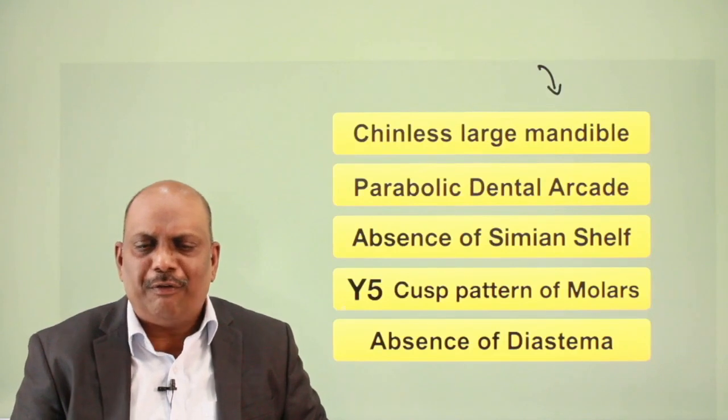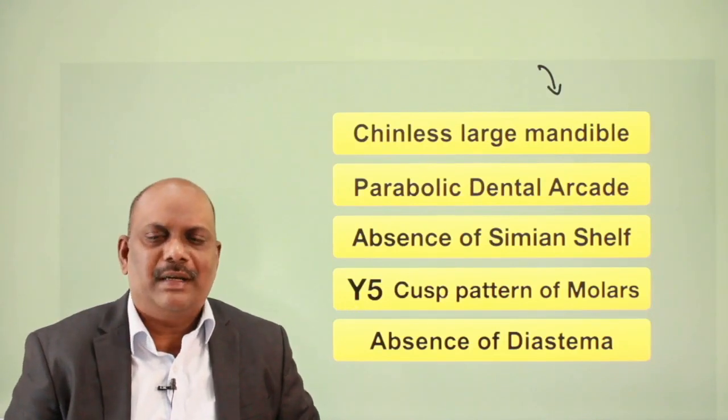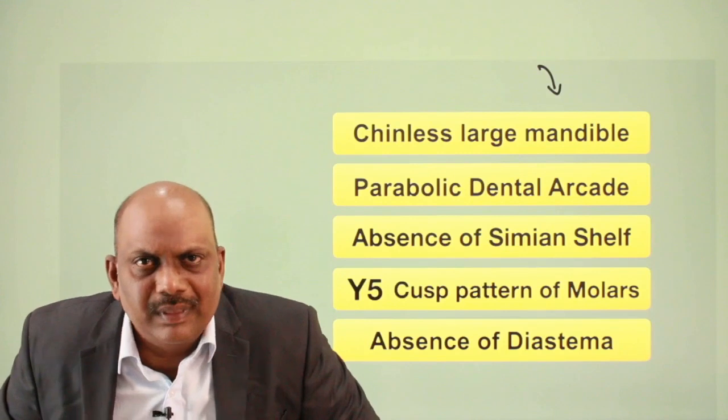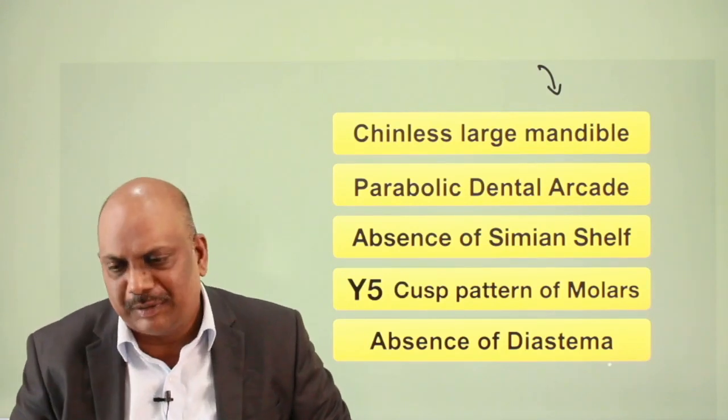Then the 5 cusp pattern of molars. So what is a cusp? In a tooth, on the topmost portion of the tooth, we can see some bulges.